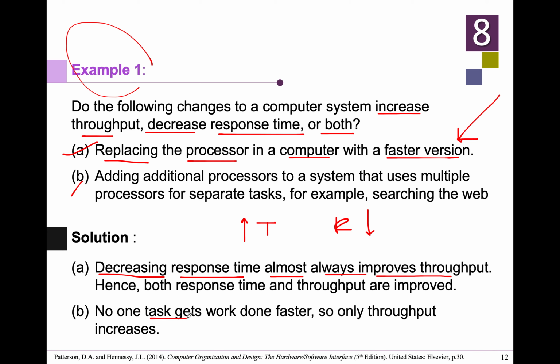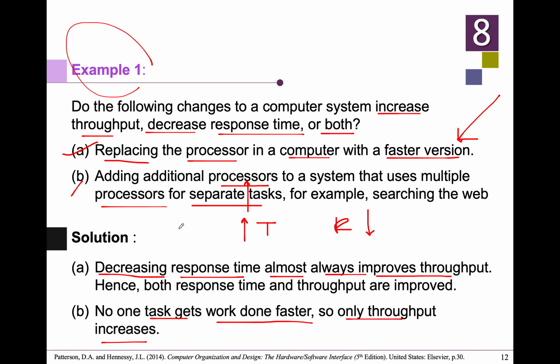No one task gets work done faster, so only throughput increases. So let's say you have an additional processor, but the processor is a similar type. It's not like changing to the faster processor, but you just increase the number of processors to use multiprocessors for separate tasks.